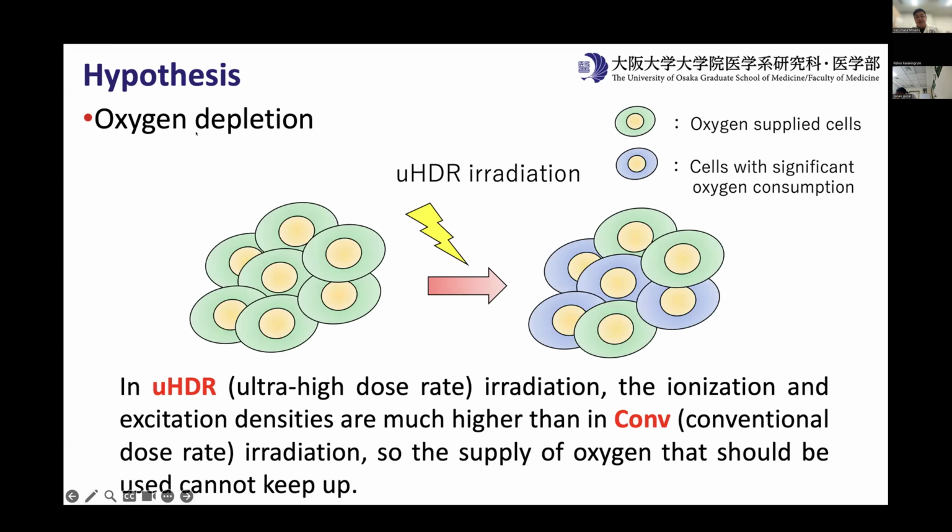So the supply of the oxygen that should originally be used for post-irradiation chemical reactions cannot keep up, resulting in a situation where oxygen is not available for some chemical reactions. The theory is that this is the same situation as a hypoxic environment. A hypoxic environment causes radioresistance, as you know, and the cell survival rate is higher.